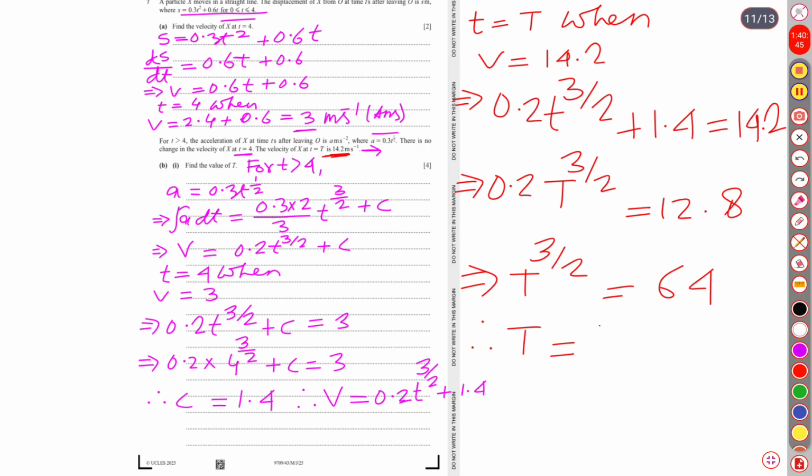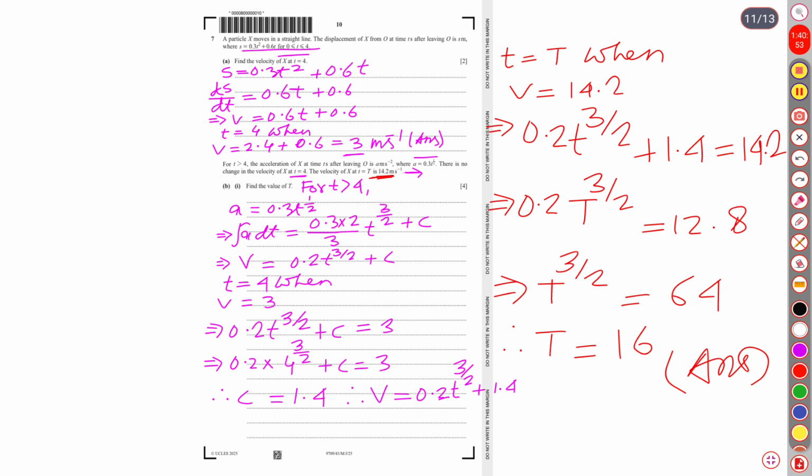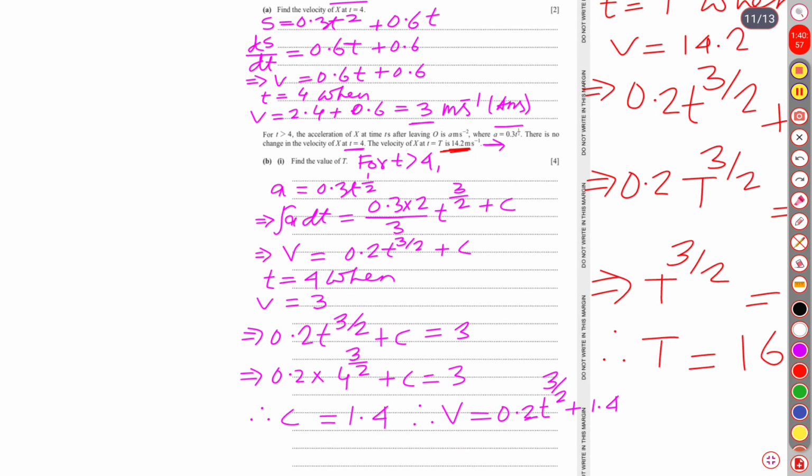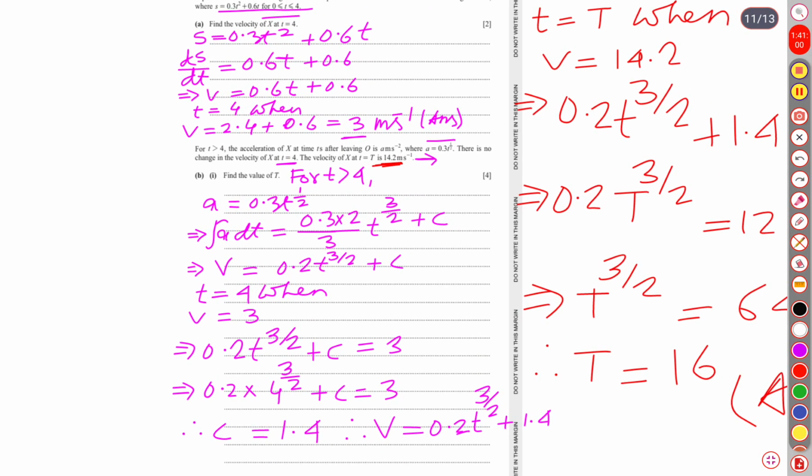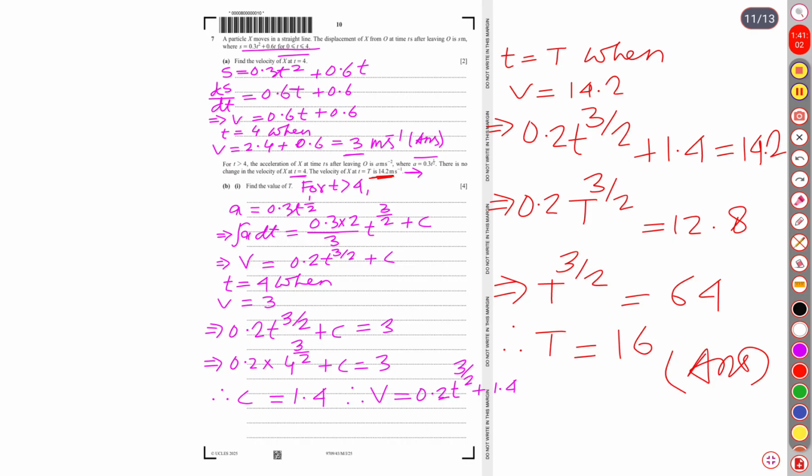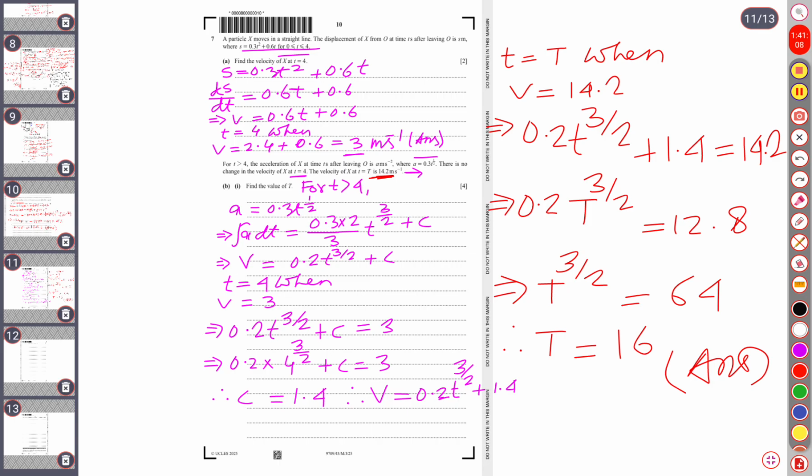Okay, t is equal to 16. The answer to this question, part C, is the value of t, 16. When time was 16 seconds, the velocity of the particle was 14.2. That's all about B. Then let's see what C says.